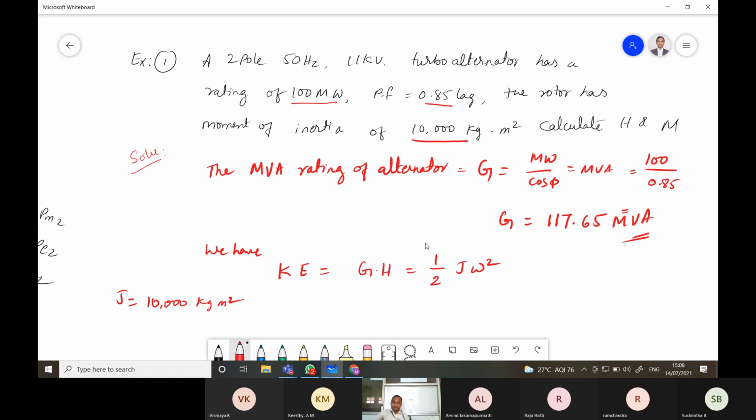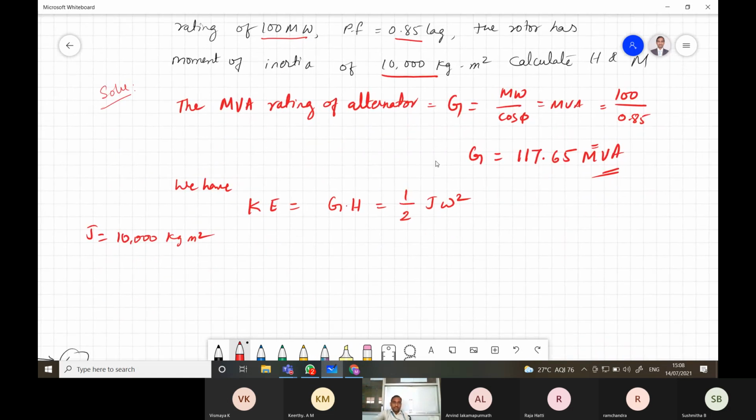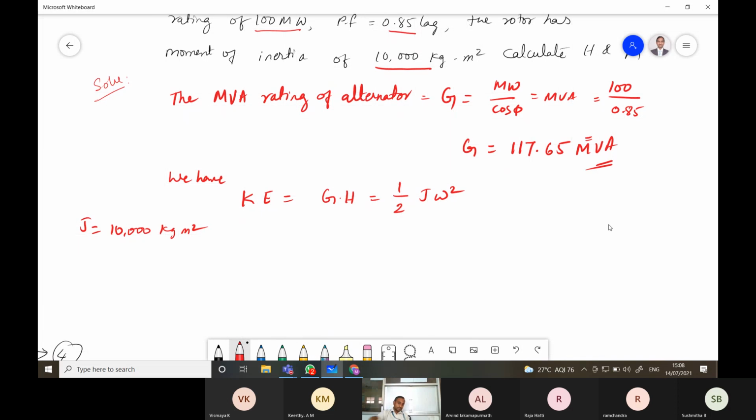So substitute the values here: G value, H value, J value and omega value. Okay, H is not given, we need to calculate that one. So from this we need to calculate H. G value is there.